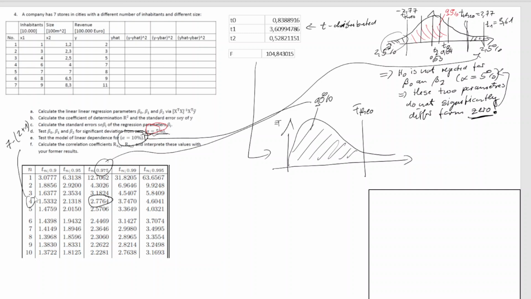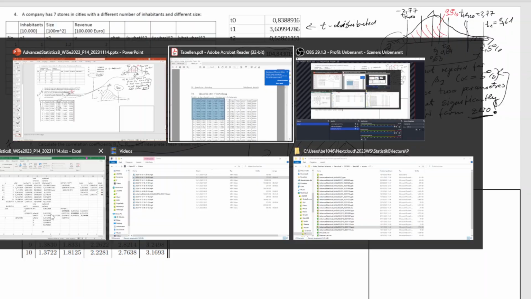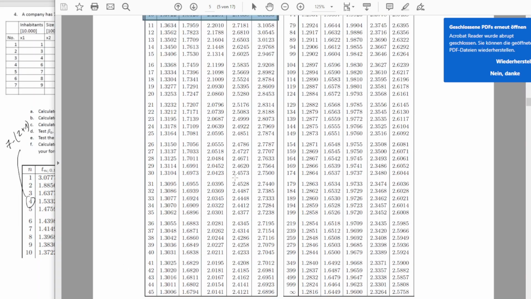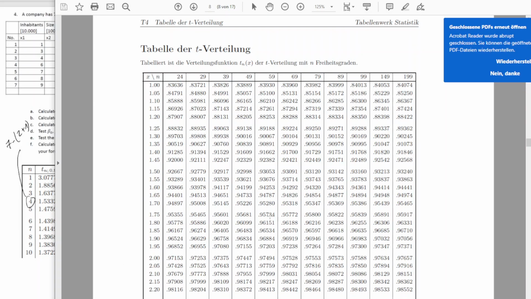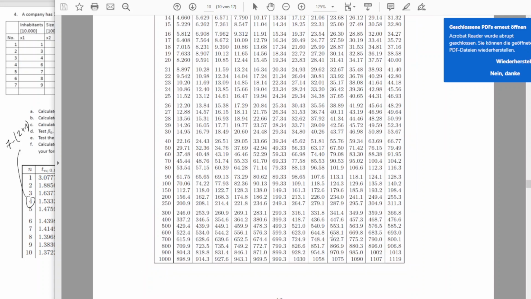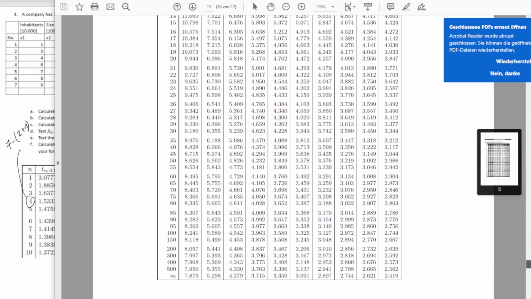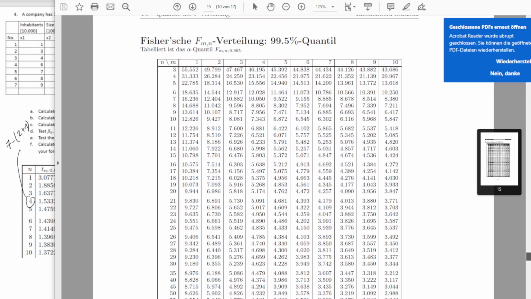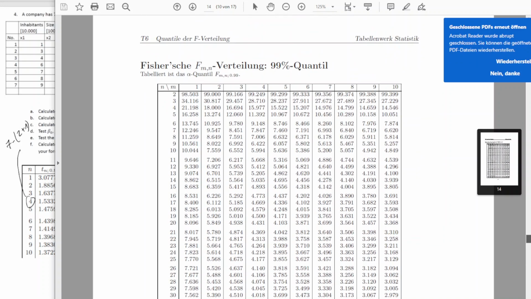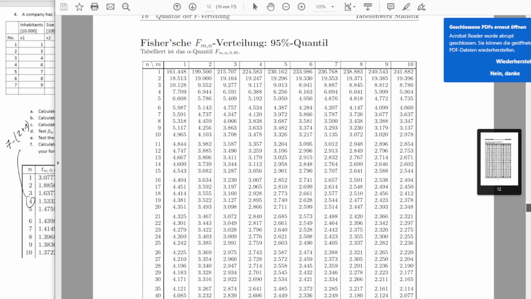Now we have to see what this theoretical value is compared to our empirical value of 104. So let's go into our F distribution. I think it was the last one. Yep. 95, 99, 90, 75.